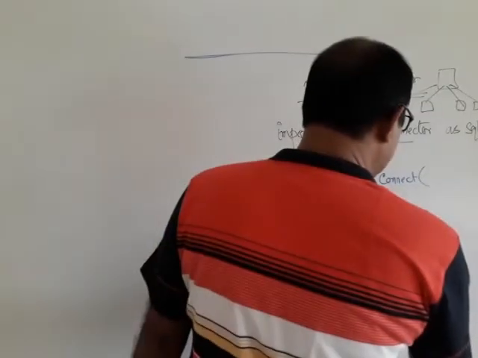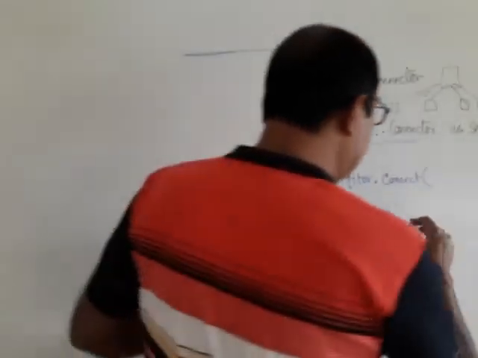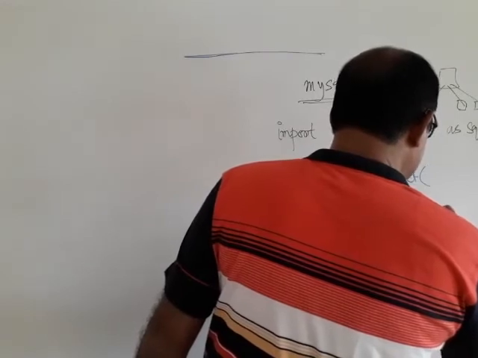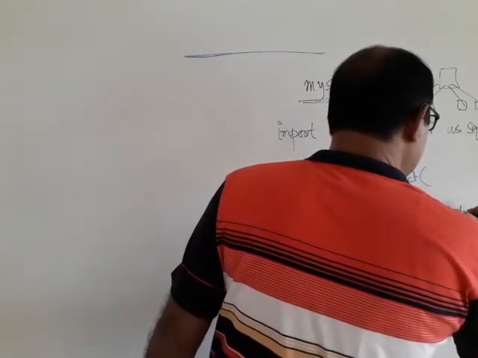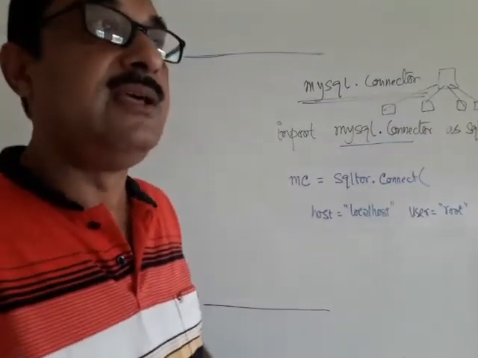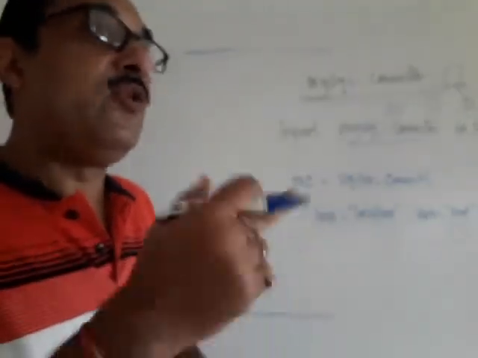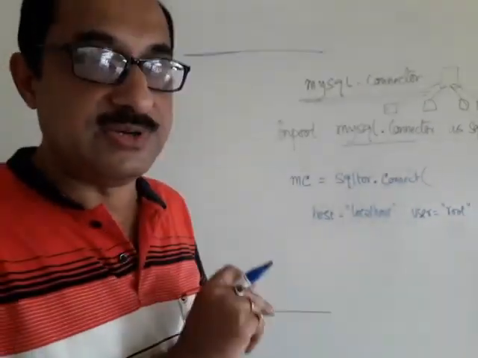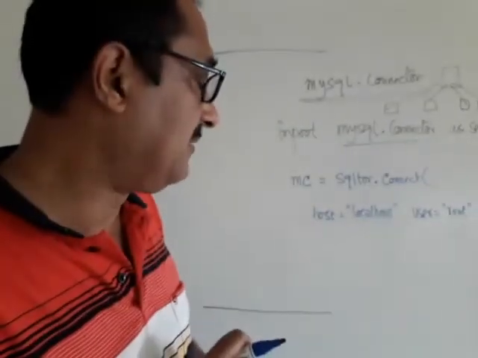Then you have to write user. User is basically the user ID. So we will write user equal to root. Normally, when you worked with MySQL, you clicked on the MySQL icon, it opened, and it asked you for a password. So you entered the password before you started working with MySQL.